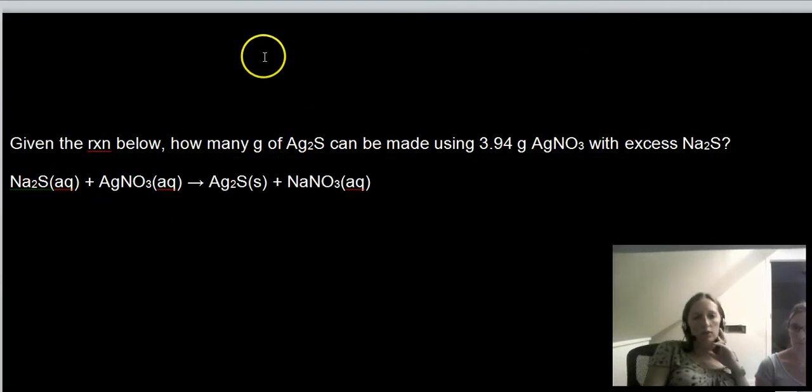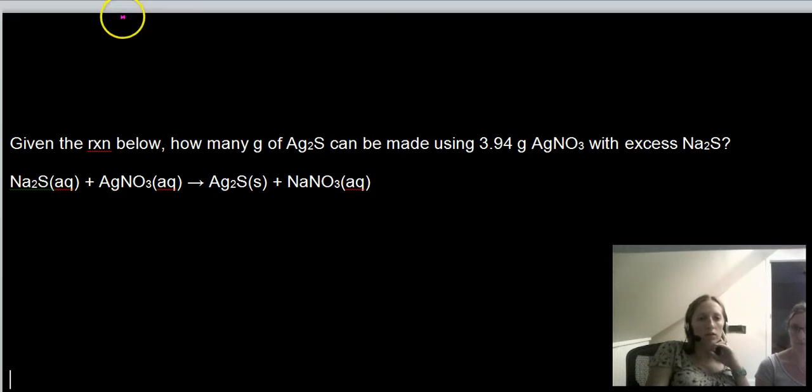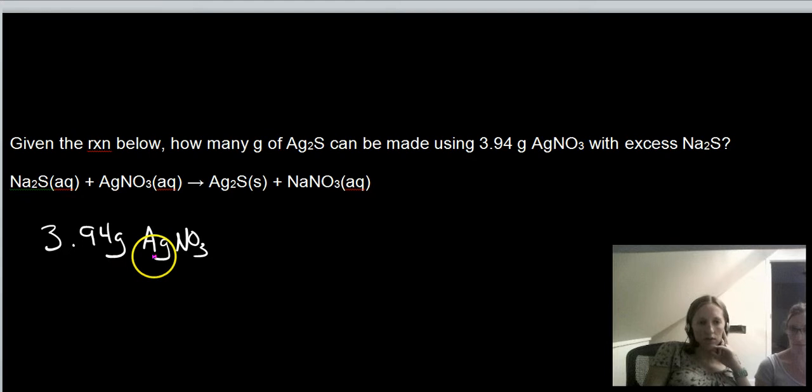All right, so we start with what we have. We have 3.94 grams of silver nitrate. You put that over 1. Why do we put it over 1? Because if you don't, you keep thinking that it's on the bottom, and then that makes you sad later.